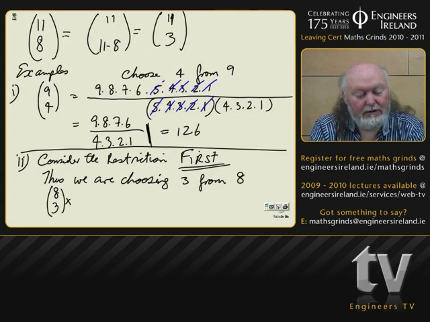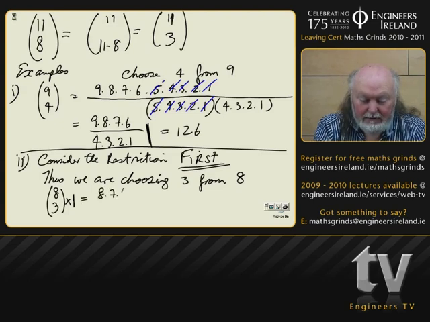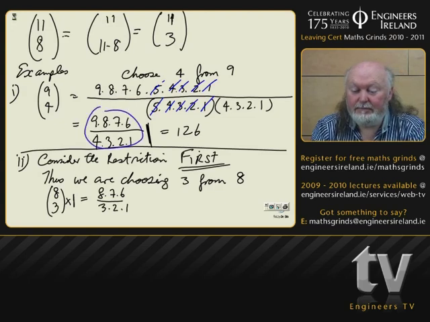There's only one way of putting the chairman on. So we get this, and in total it's 8 by 7 by 6 over 3 by 2 by 1, for the exact same reasons as we found this thing came out from this big one.